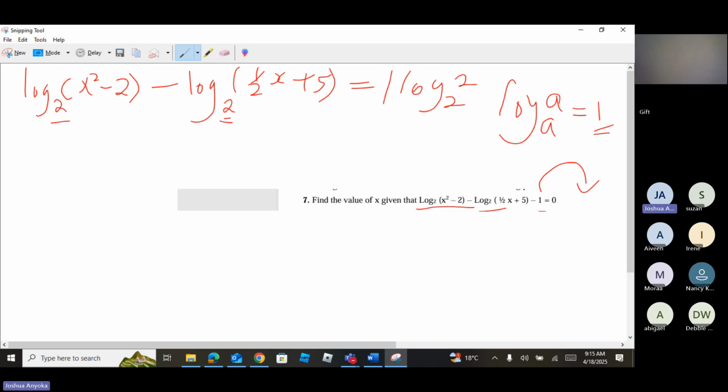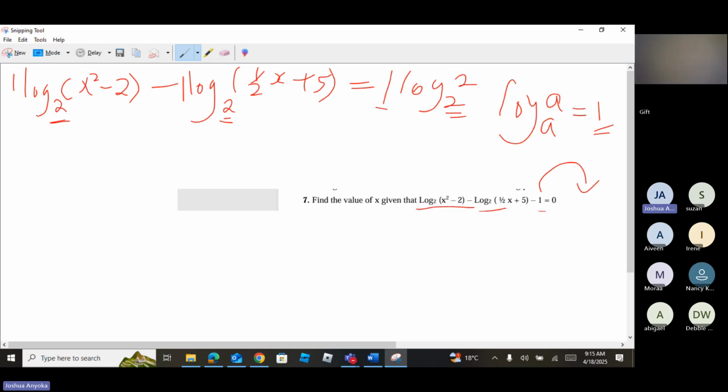The base was 2, so the base here must be 2, and the number also must be 2 for us to get 1. Then ensure that the coefficient of every term is 1.